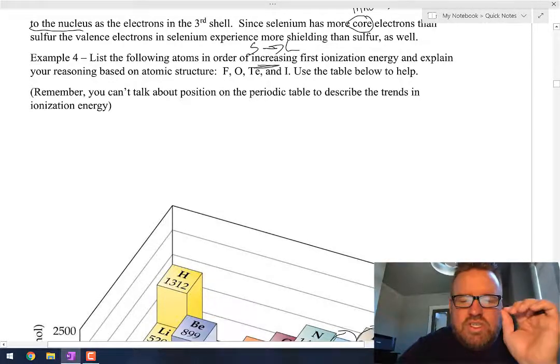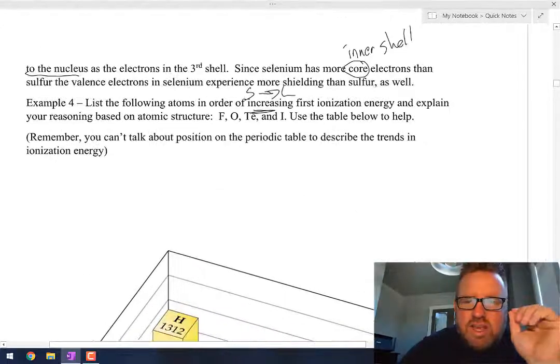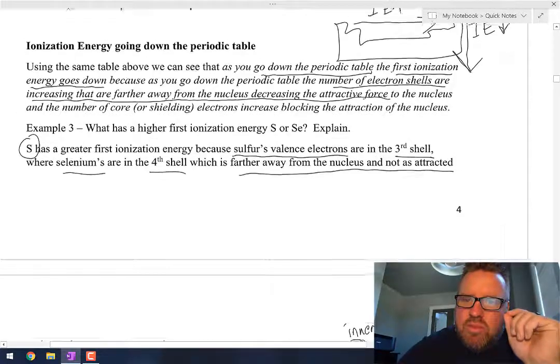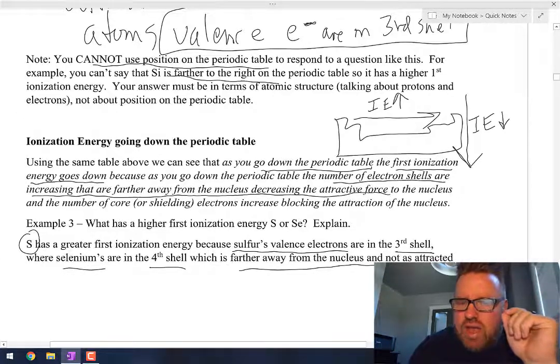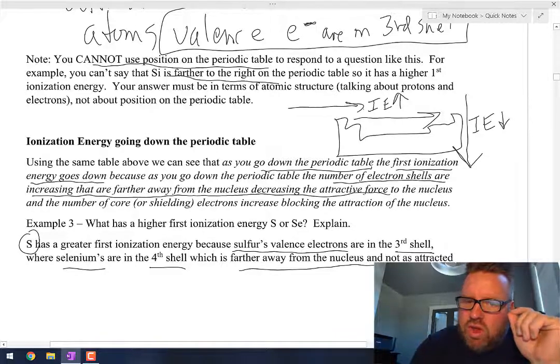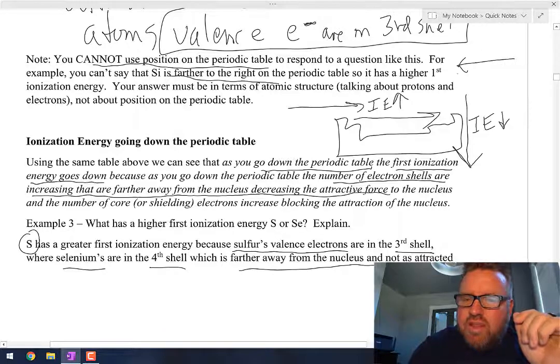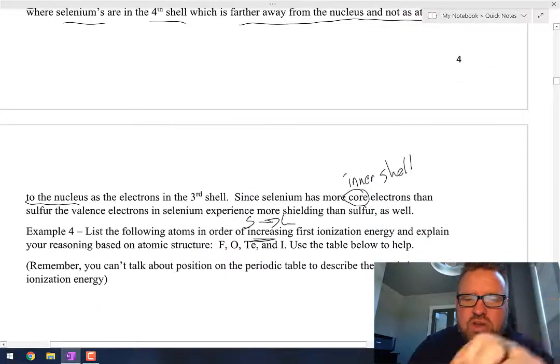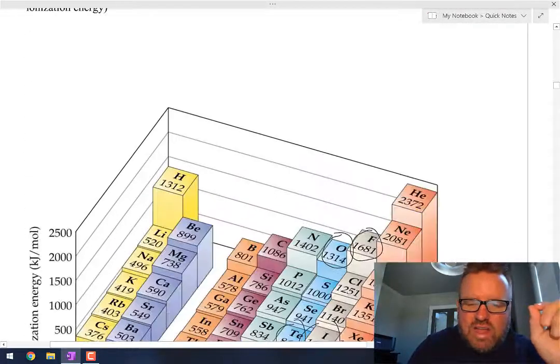So which of those is going to have the smallest ionization energy? Again, remember, as you go to the right, ionization energy goes up. So if you go to the left, what does ionization energy do? It goes down. So the one that's farthest to the left and the farthest down is going to have the lowest ionization energy.